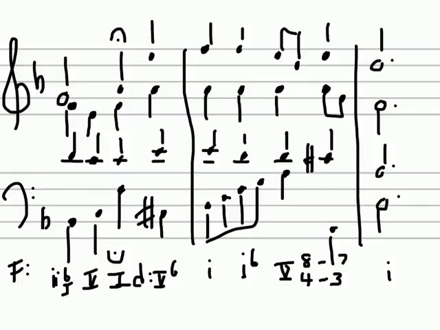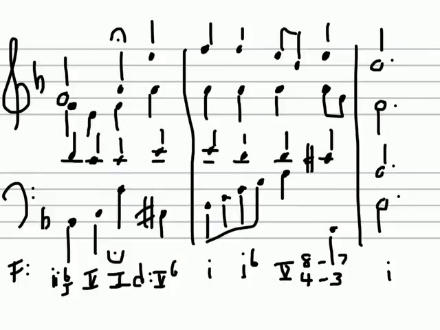It's abrupt here because we end this phrase in F and begin immediately with a chord that's not in F major, the A major chord in first inversion, which is, of course, a dominant chord in D minor, and the rest of this phrase confirms the modulation to D minor.